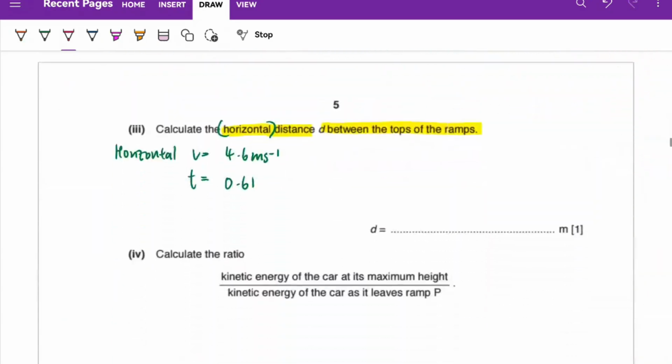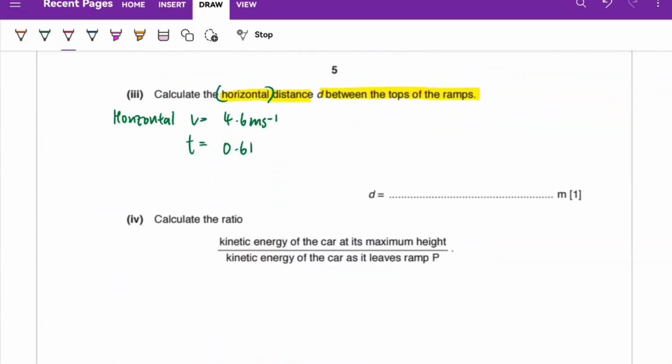Okay, now since they want horizontal distance, we know V equals distance over time gives you distance equals velocity multiplied by time. Therefore, we take 4.6 times 0.61. What does it give you? 2.8 meter. So remember, make sure your answer is in minimum 2 significant figure. Minimum 2.